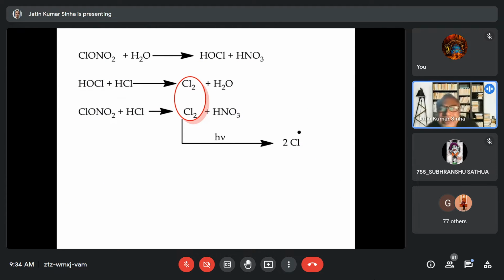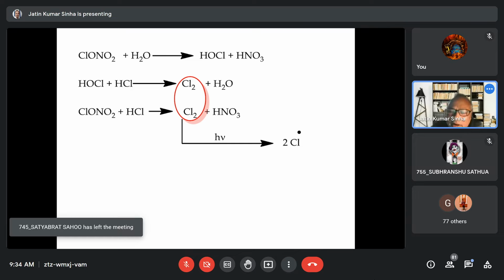Now, this is the basic reaction that is happening in PSCs. You have chlorine nitrate, and in the presence of moisture, that gives you hypochlorous acid, HOCl, plus HNO3. Then this hypochlorous acid reacts with HCl to give you chlorine gas.